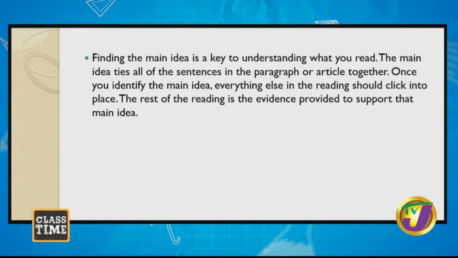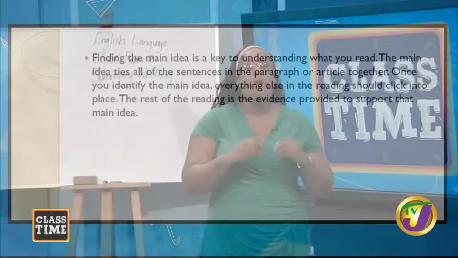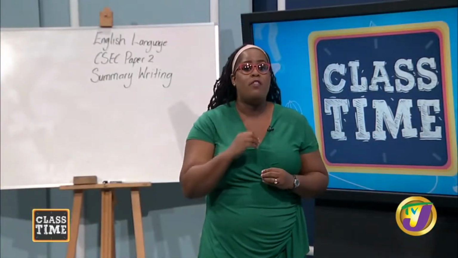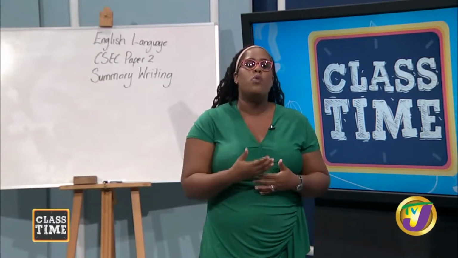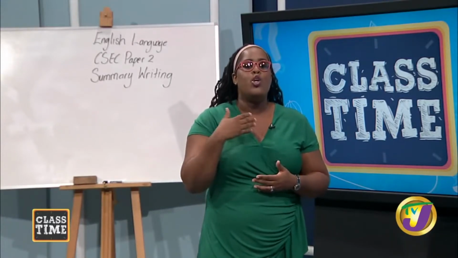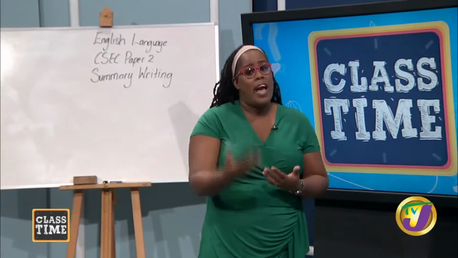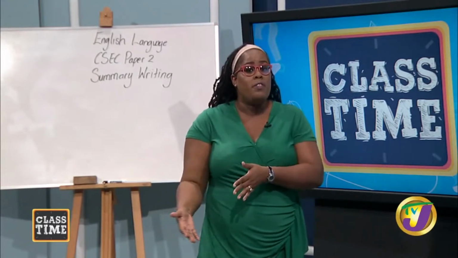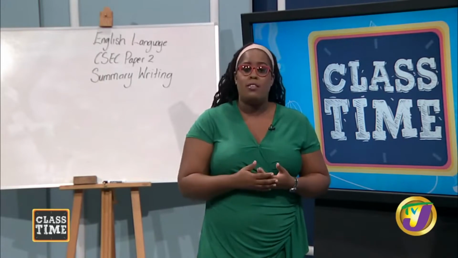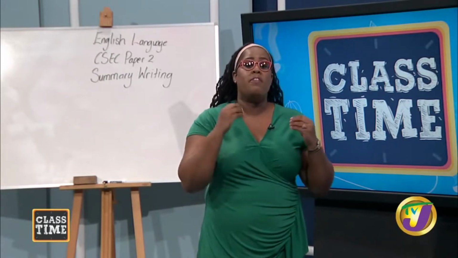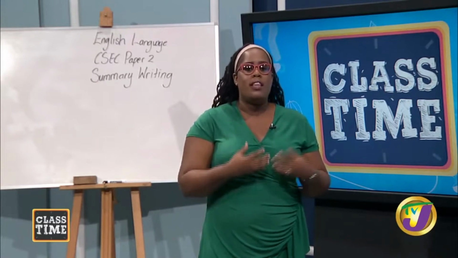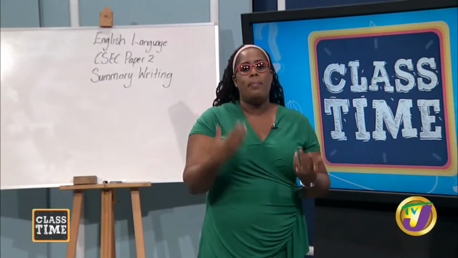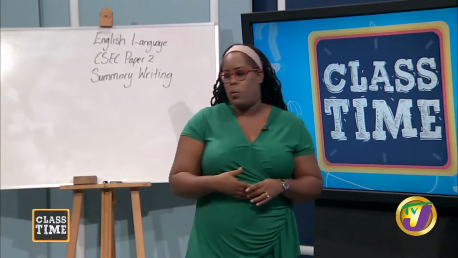So when we are attempting to find the main idea, first, remember, we need to understand the information first. And I said it the last time, if you do not understand the information, you will not be able to find the main idea or, further down the road, summarize the information, right? So we first need to understand what the extract or the text is talking about.